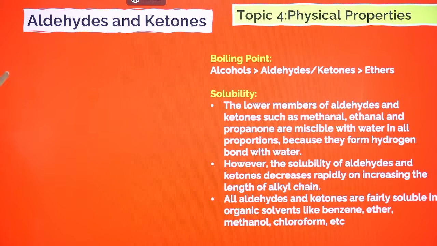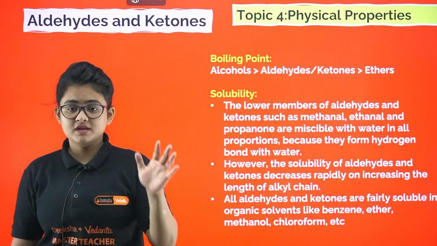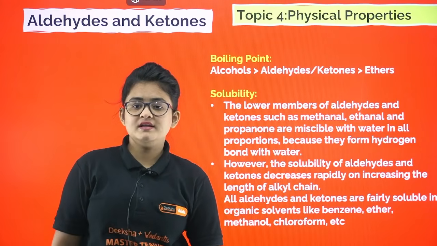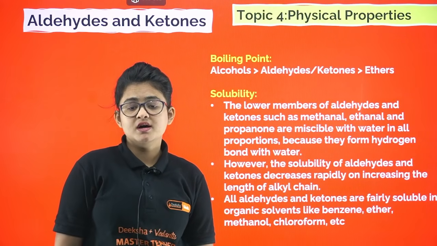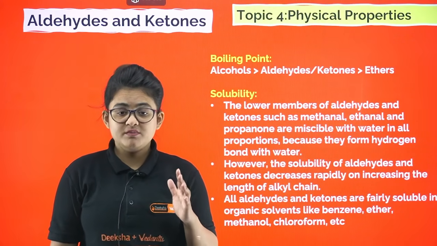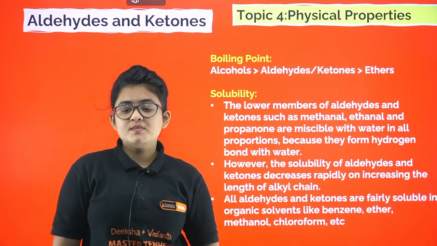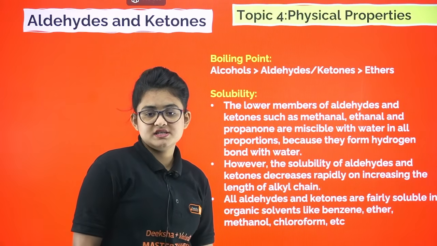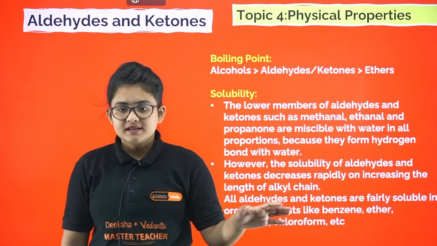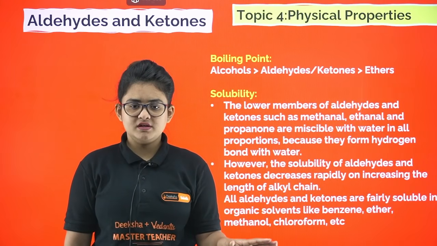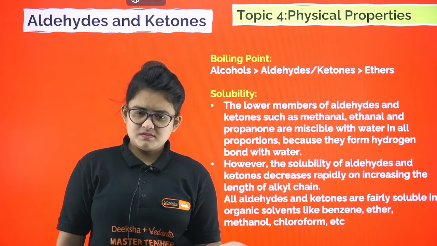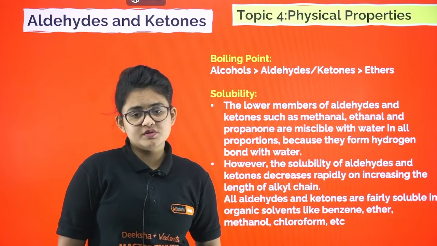Let's proceed further. This is the physical properties. Boiling points of alcohol are definitely greater than those of aldehydes or ketones, then ethers, because of the maximum possibility of hydrogen bonding. For solubility, the lower members of aldehydes and ketones, such as methanol and ethanol, are basically miscible in water, because they can form hydrogen bonds with water.